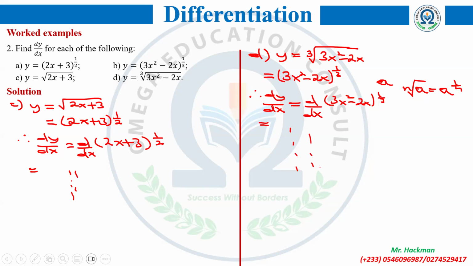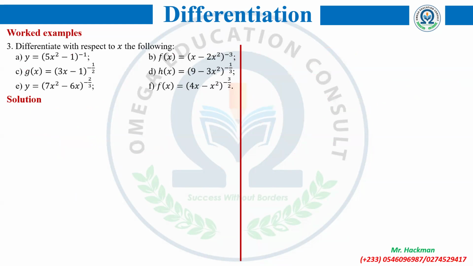All correct. Yes, please. Hello, any questions at this point before we move on to the next one? Wow, we are all fine. We thank God. So if that's the case, let's move on to work the example 3.